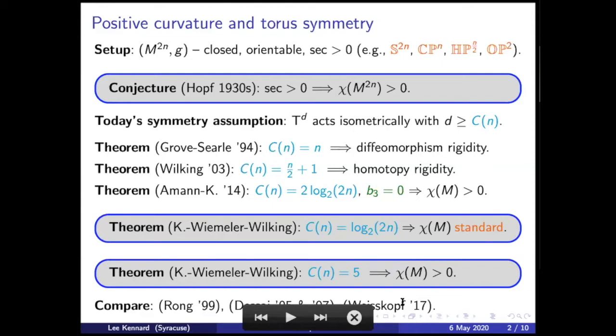They study spin manifolds with positive curvature, and they're looking at the elliptic genus, and they prove that certain coefficients of the elliptic genus vanish under these sorts of symmetry assumptions. There's a family of results, some with circle symmetry, some with T5 symmetry. But again, they're of this type where the manifold's dimension can be arbitrarily large.